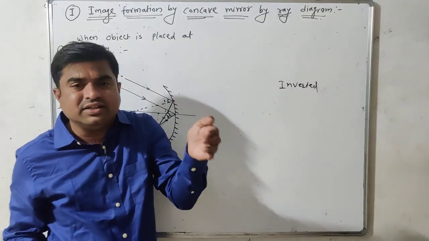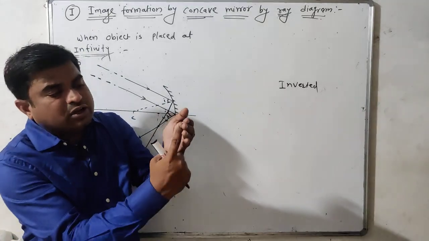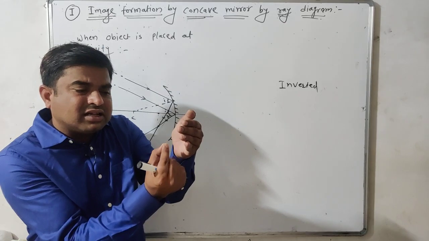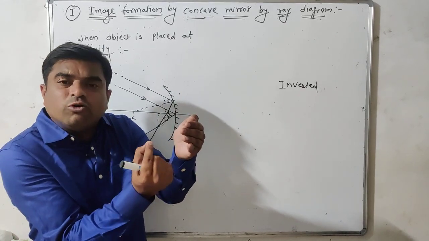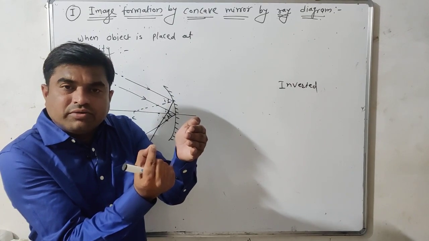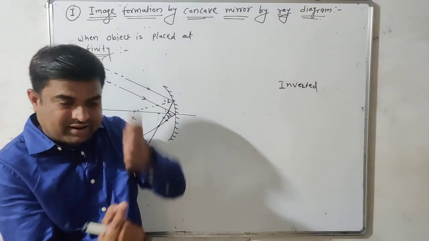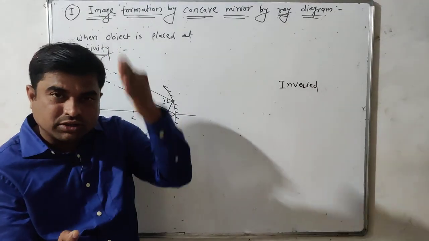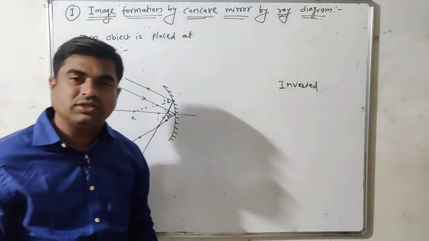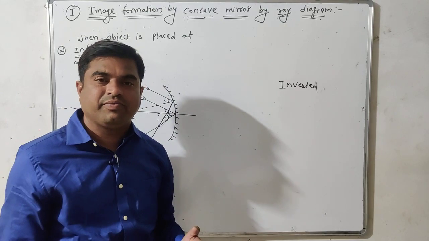Okay, let us understand this. Suppose this is a concave spherical mirror, correct? And this is our focus, got it? A vertical plane intersecting that focus is called the focal plane.